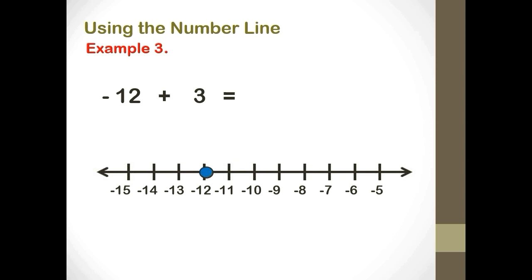And since we're adding a positive number, which is 3, meaning we are going to move 3 units to the right. Therefore, 1, 2, 3. So where did we stop? At negative 9. Therefore, our answer is negative 9.